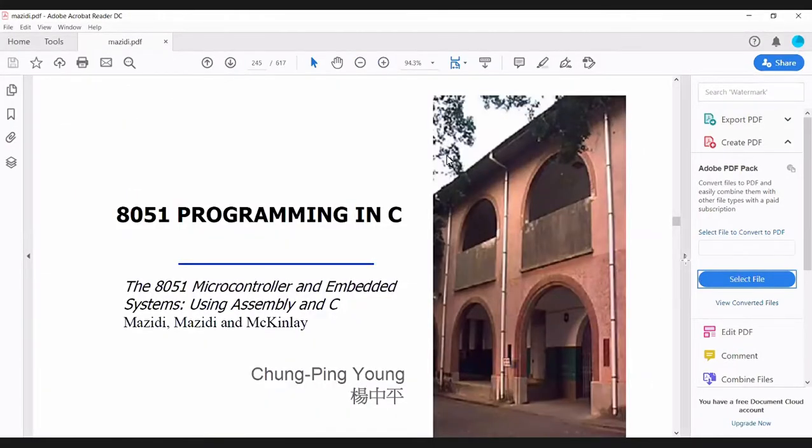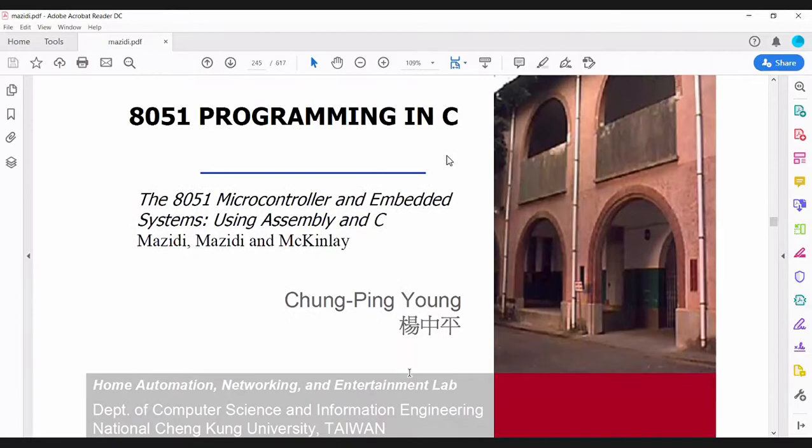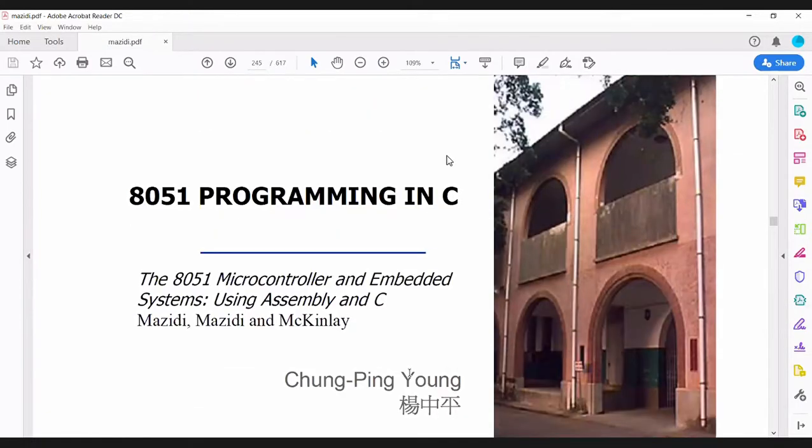So now, I told you in the initial classes that 8051 can be programmed by using C programming also. Not only assembly, but till this point we have studied only assembly language.